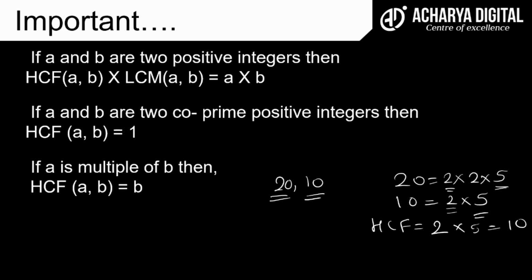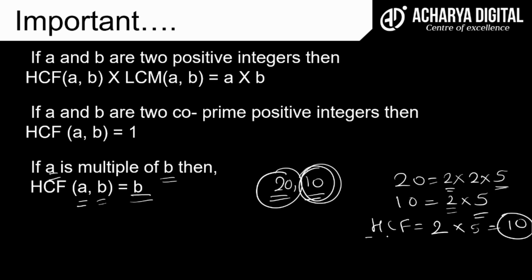That comes to be 10, which is the second number. That means if first number is a multiple of second number, then in that case, HCF of those two numbers is second number. First number is a multiple of second number, then HCF is second number. I hope you have understood.